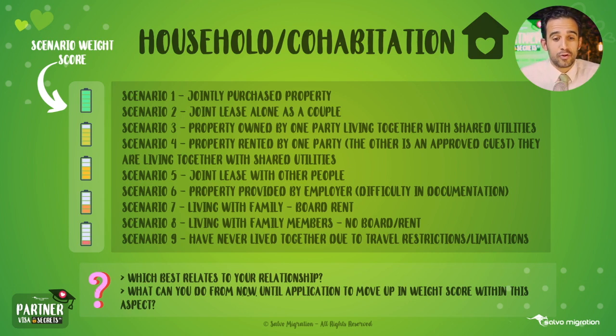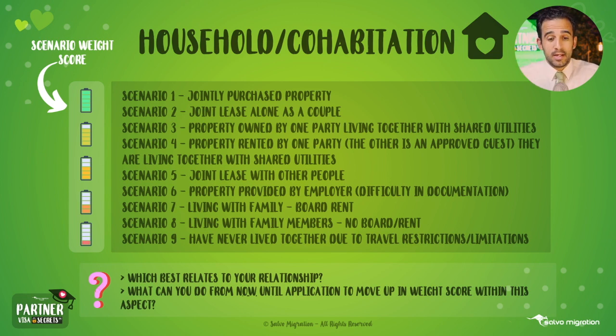Then we have scenario 5, joint lease. So you do have a joint lease, but you live with other people. Now, yes, you have a joint lease, but there's other tenants. The reason we would put that mid-range is what we prefer is for couples to have their own place if possible.